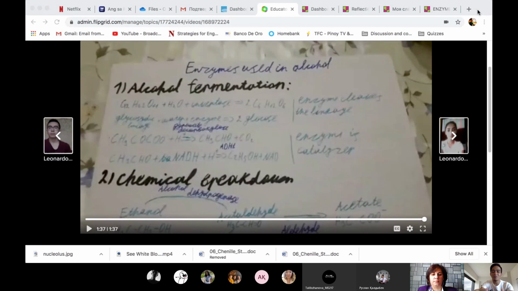So alcoholic fermentation is used in beer production, in brewing beer. Again, the camera is shaky and you could also improve your handwriting.